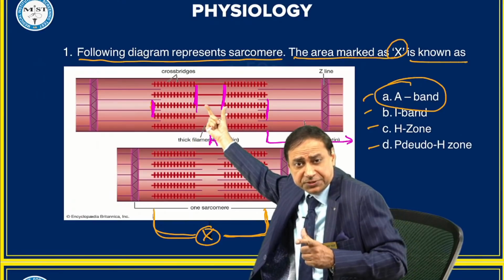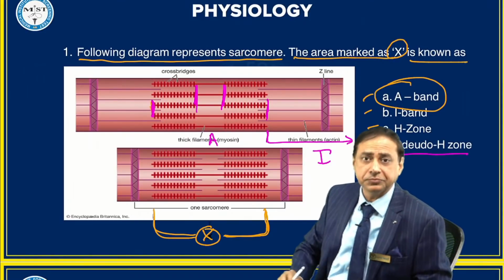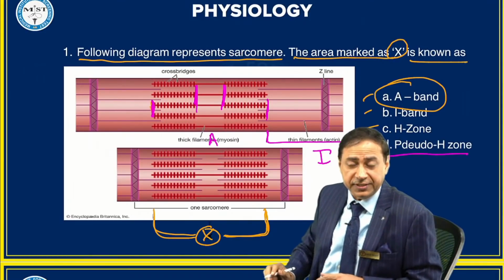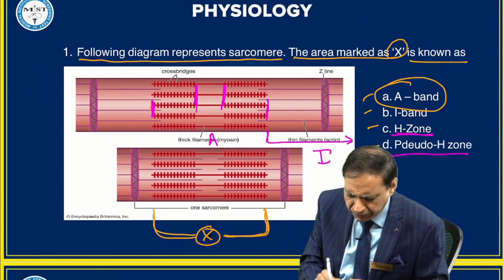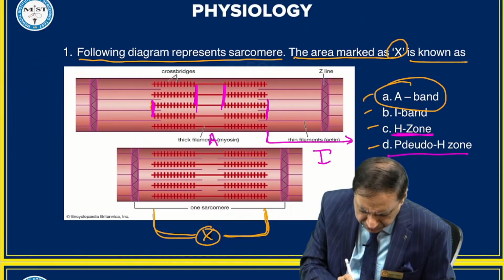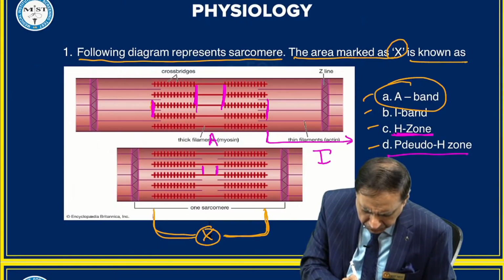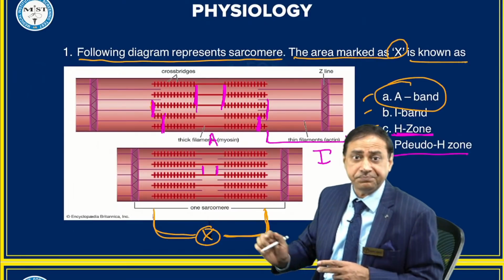Absence of cross bridges, this is pseudo H. H is because of the absence of actin. So H is from this point up to this point.